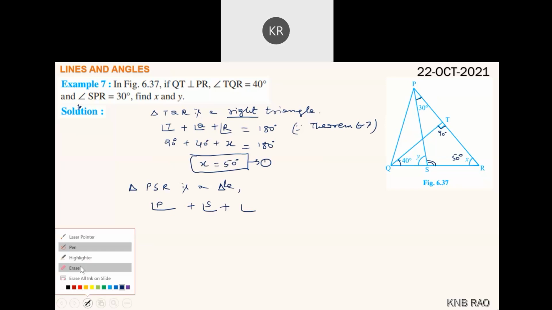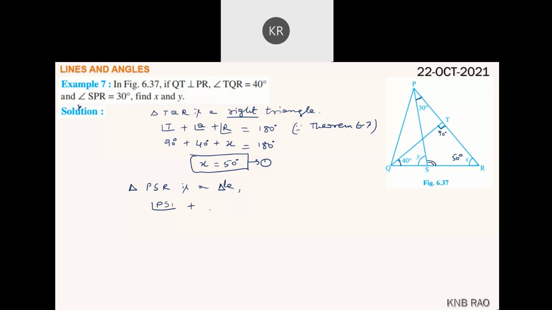Now, angle PSR plus angle SPR plus angle PRS equals 180 degrees. What is angle PRS?